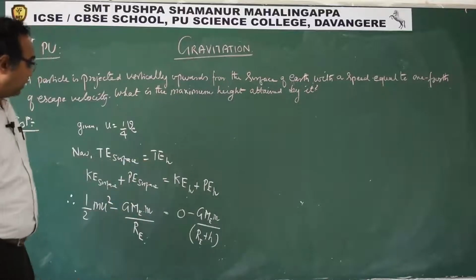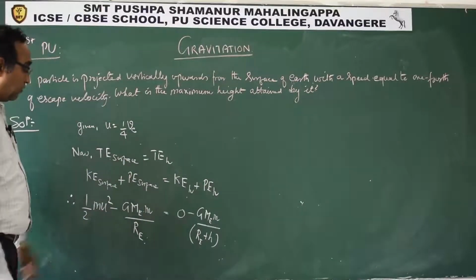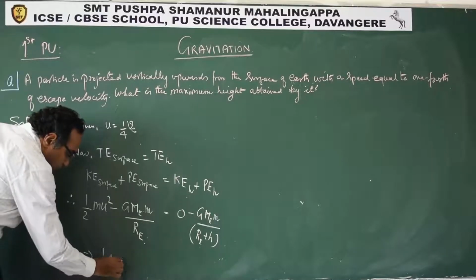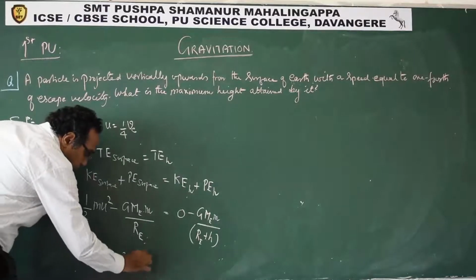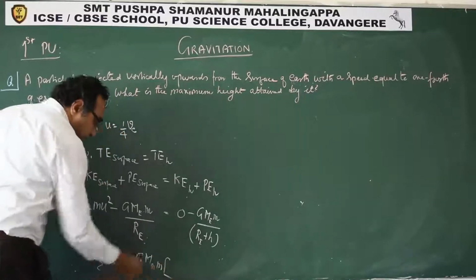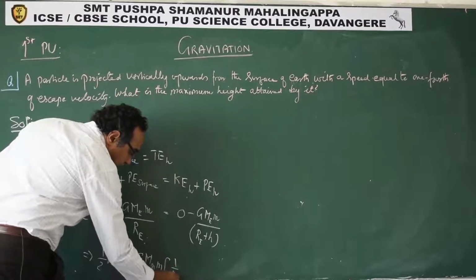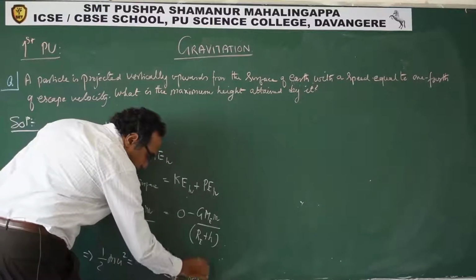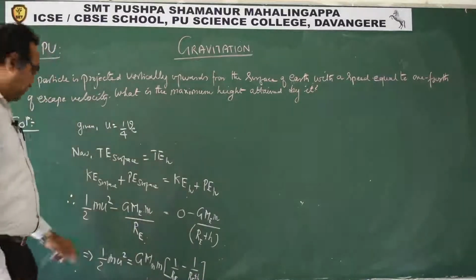Now we have to evaluate this. How to evaluate this? We can say half mu square is equal to G M m, we can take common, 1 by Re minus 1 by Re plus h. This is what we have. Please simplify.